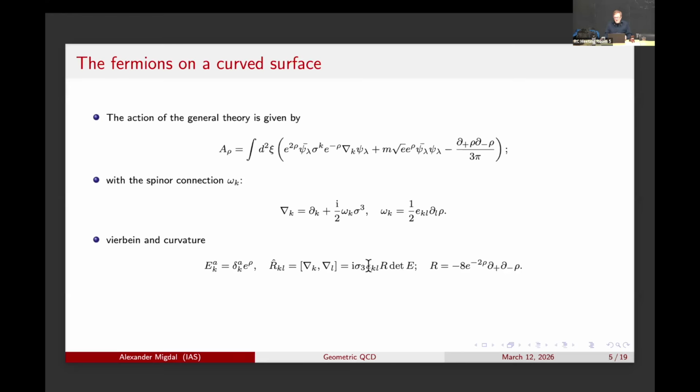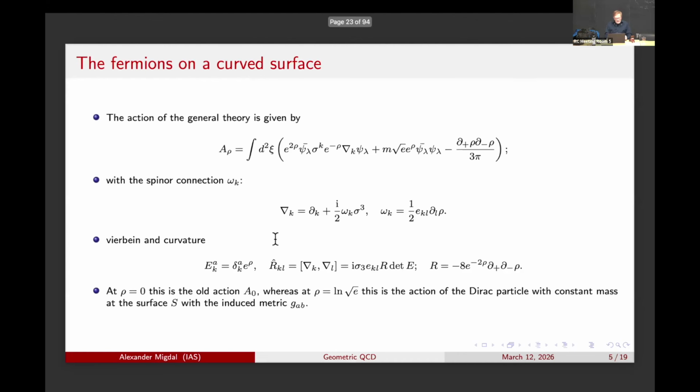And when you do that, you will get this curvature R, which is related to the Laplacian of this rho. And the integral of curvature, of course, as everybody knows, in two-dimensional gravity is just the Euler number, which is a non-dynamical thing in the two-dimensional case. It's Einstein theory where Einstein action is topology.